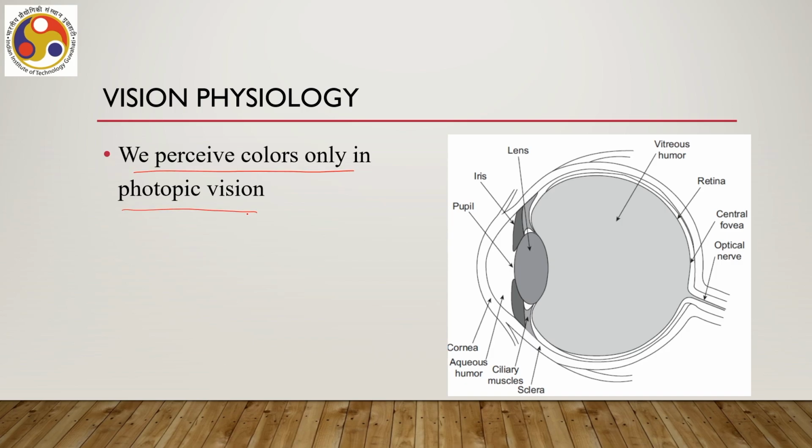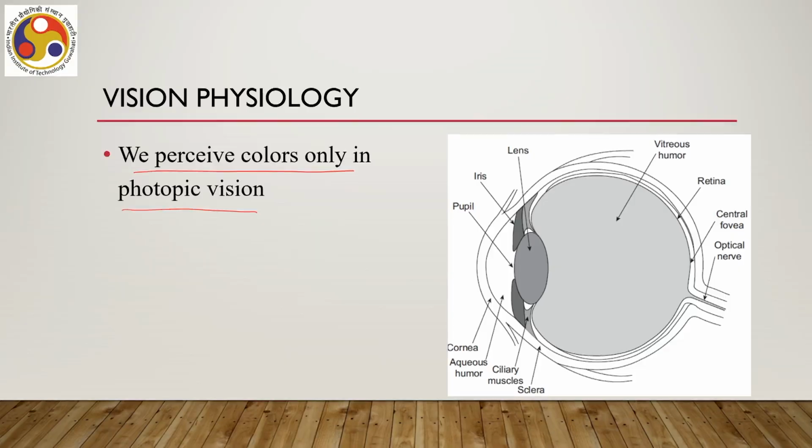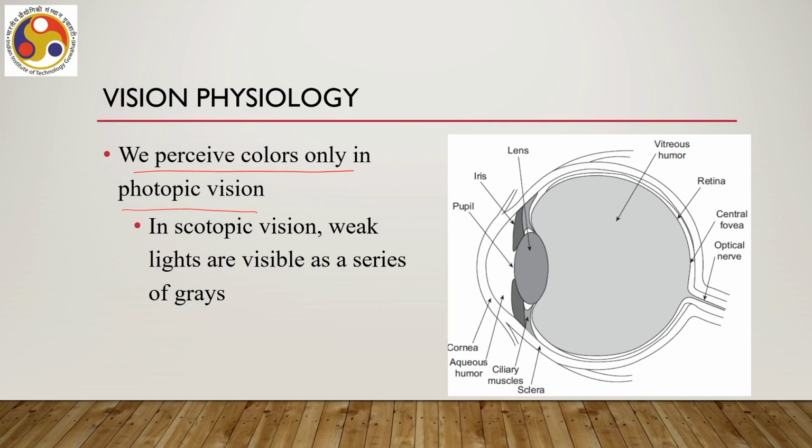So, when we say that we are perceiving color, we have to keep in mind that that is due to the photopic vision accomplished with cones. In scotopic vision, weak lights are visible as a series of grays, so color perception is not that good. So, photopic vision gives us the sense of color.